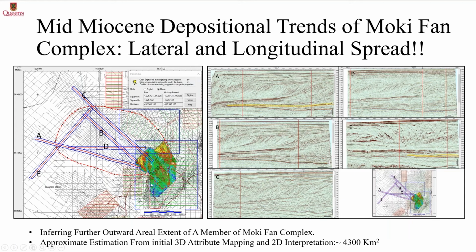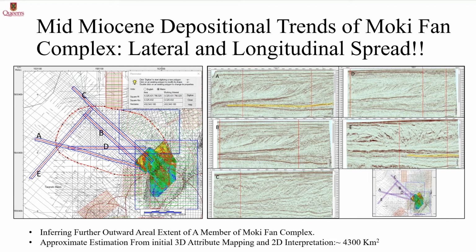Because if we look in this 3D data set over here, it has a potential to move further towards northwest, and we can see clearly from these triangulation of the 2D data set that I'm going to further my interpretation into it.